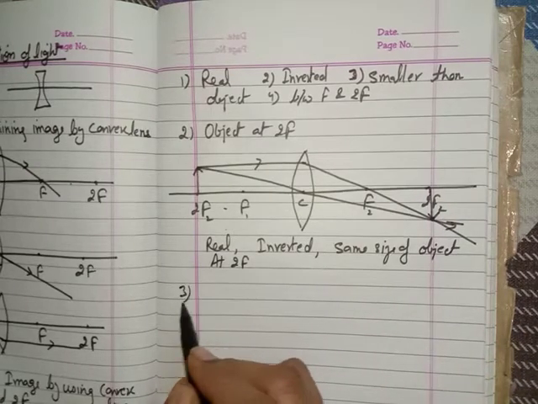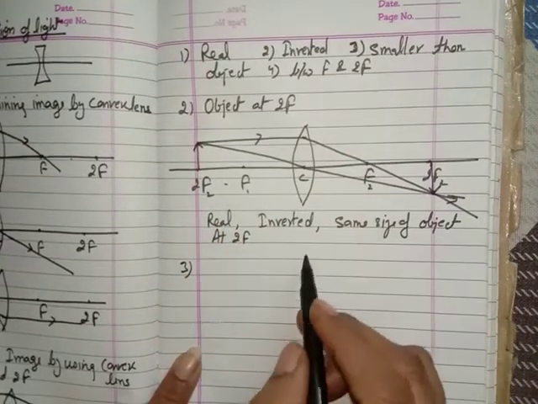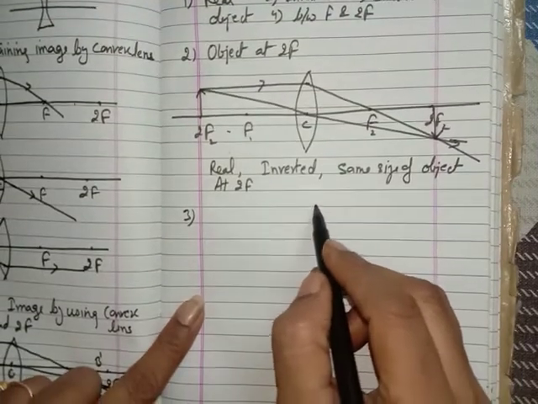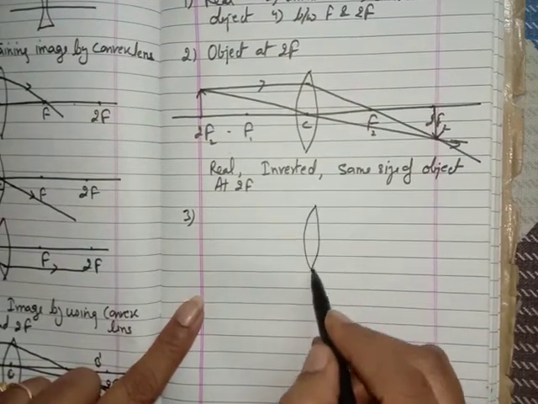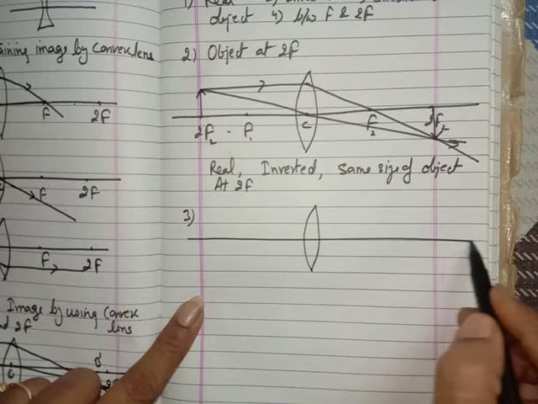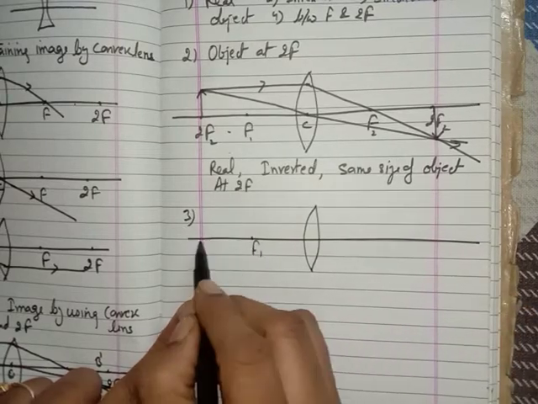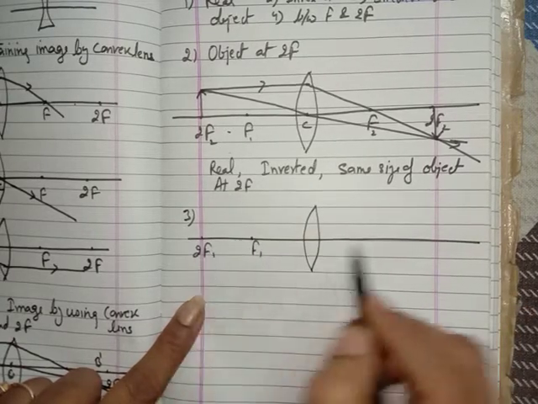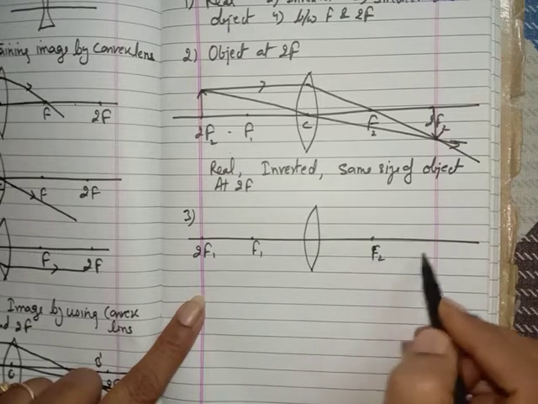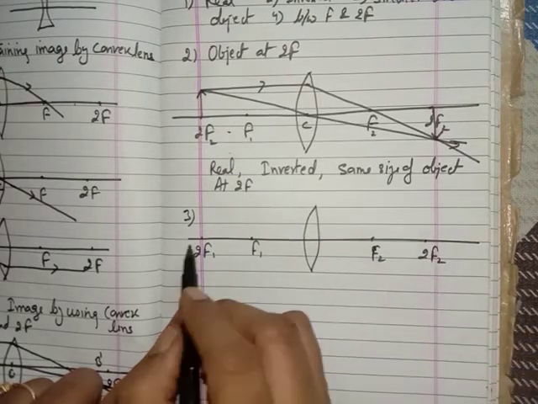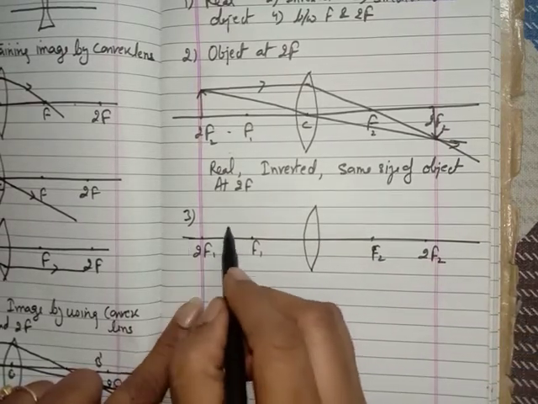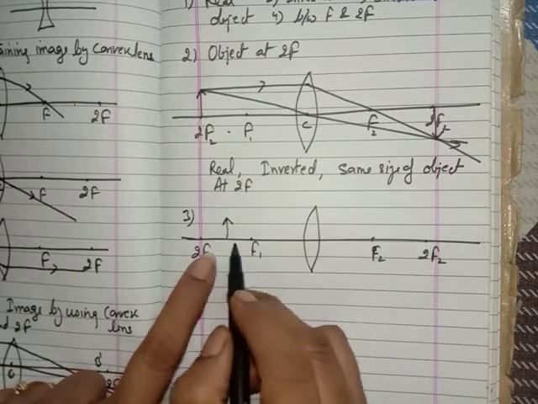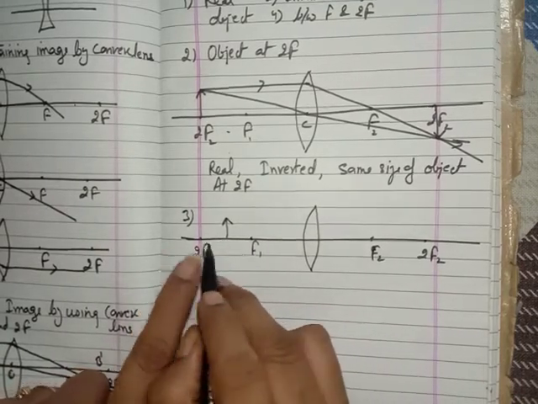Now the third condition, if we place the object between f and 2f, what will happen? This is the convex lens. F1, 2F1, F2 and 2F2. So we are placing the object in between f and 2f, not at the midpoint. It means anywhere in between f and 2f.